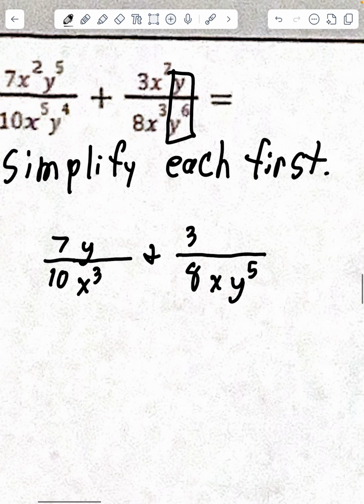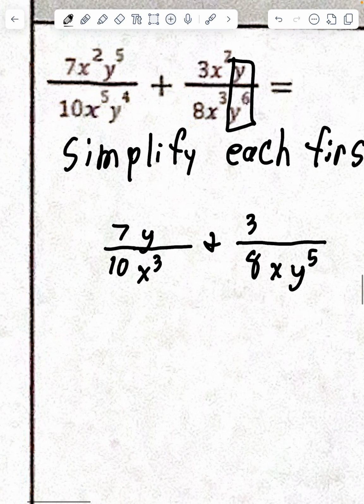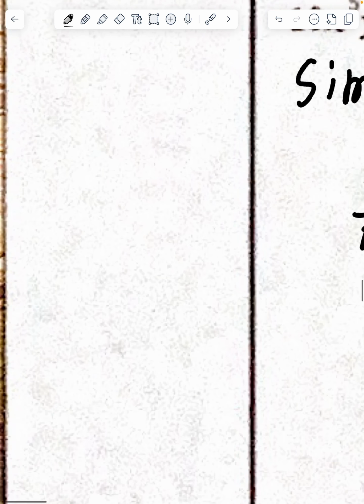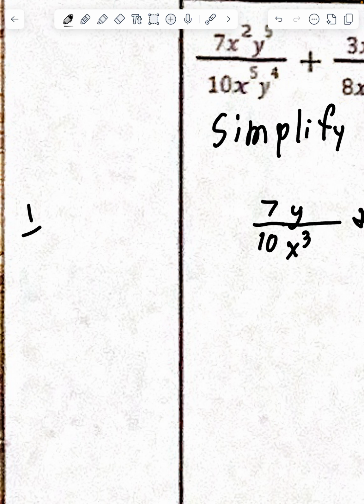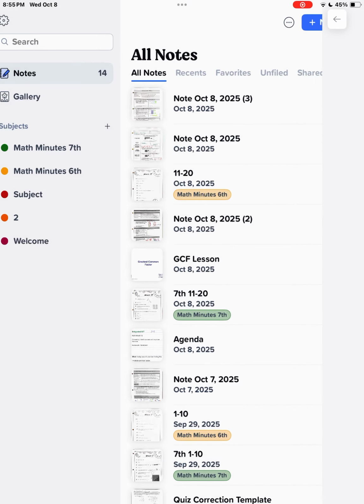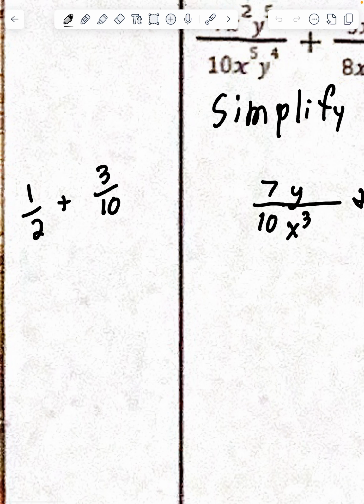So now, if this is a fraction, this is where the LCM comes from. We need to find the least common multiple. And you may be thinking, hey, this doesn't make sense right now. Well, it's the same premise as if I had 1/2, can I add it to, I don't know, 3/10?